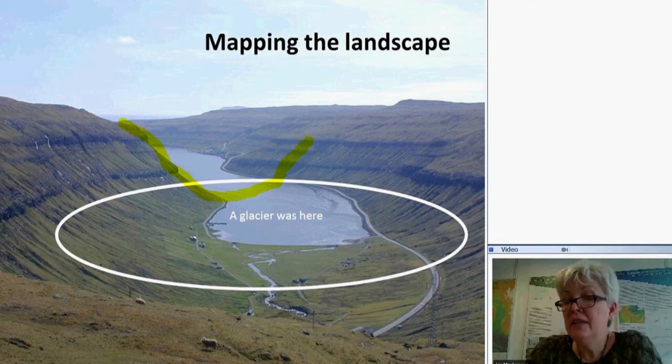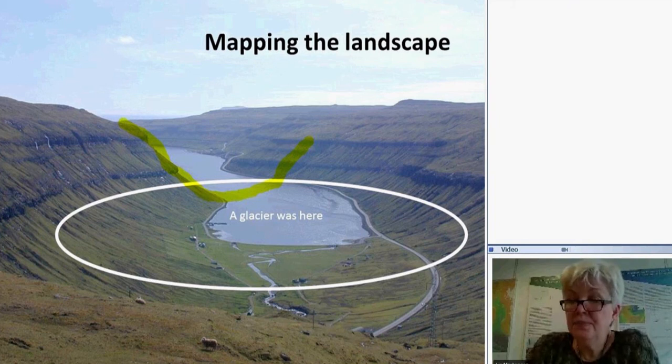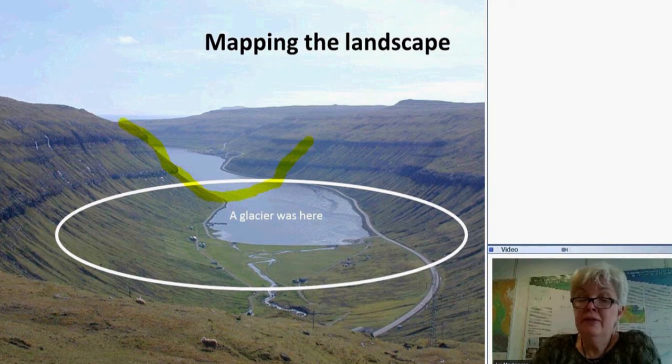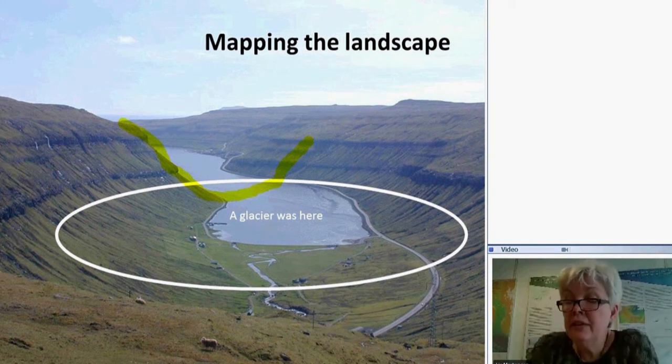They are very characteristic for a glaciated landscape, for a landscape that has been shaped by glaciers. So we can conclude from many factors, the shape is one thing, and then we can find other evidence that we will look at, that this was a place for a glacier during the last Ice Age.